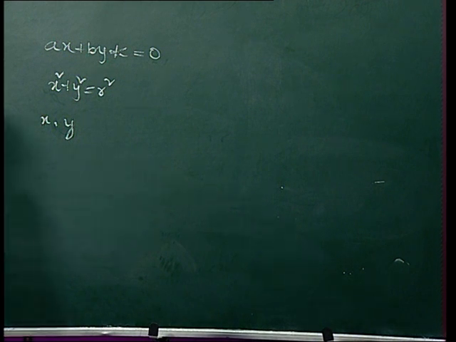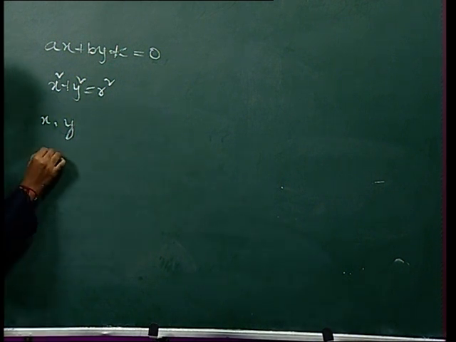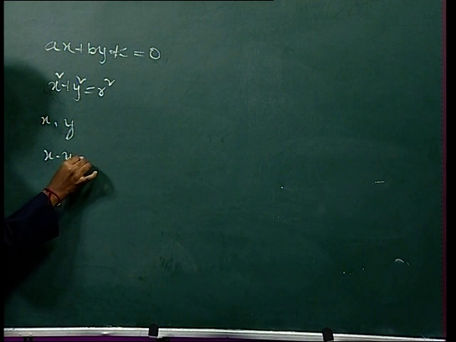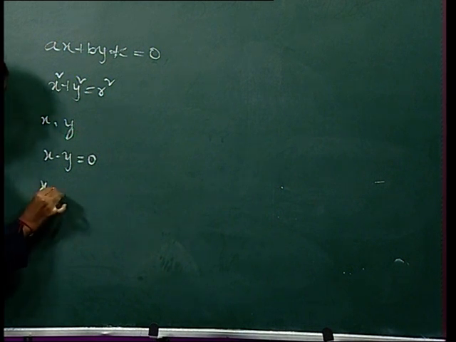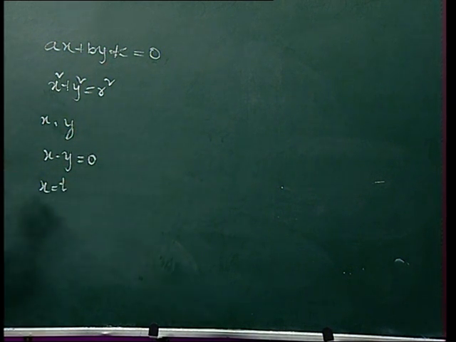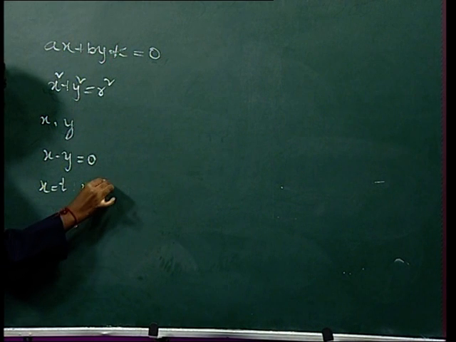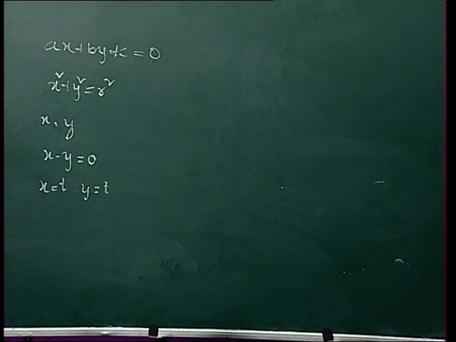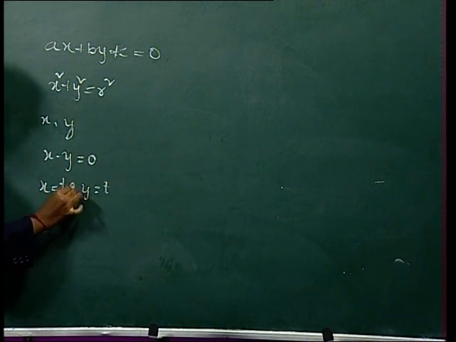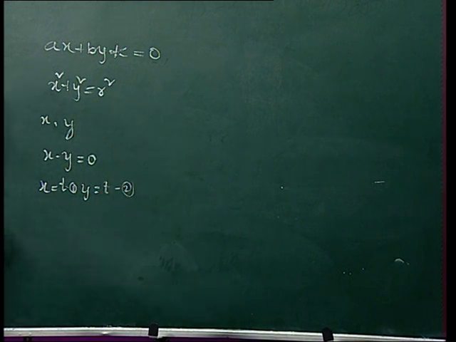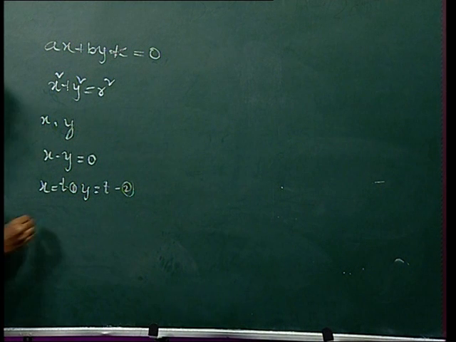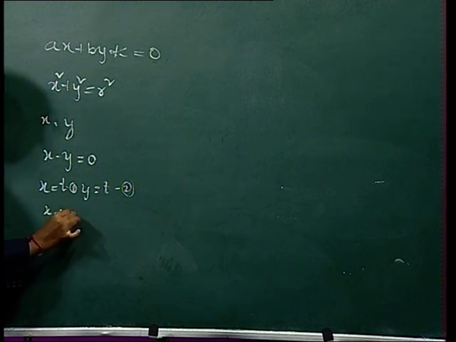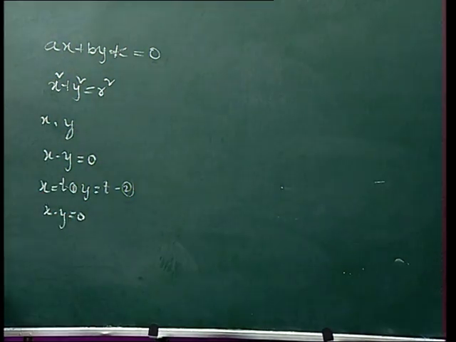Okay, if we take one example, x minus y is equal to 0. For this, we have to take some values for x and y. Here we take x is equal to t, y is equal to t. If we assume these are equation 1 and equation 2, if we subtract 2 from 1, we get x minus y is equal to t minus t is equal to 0.